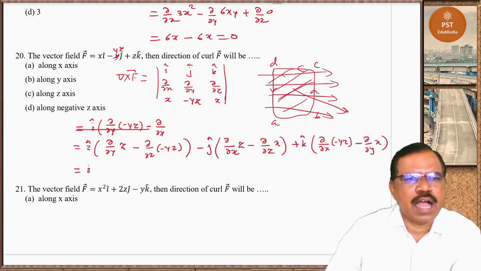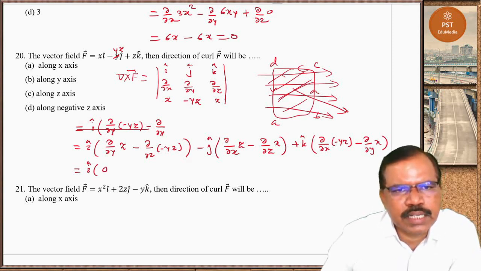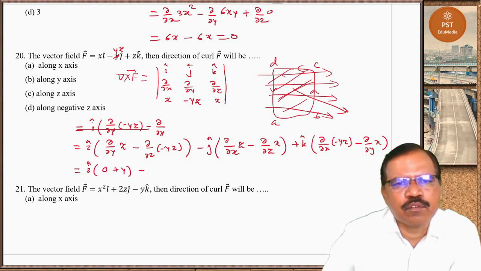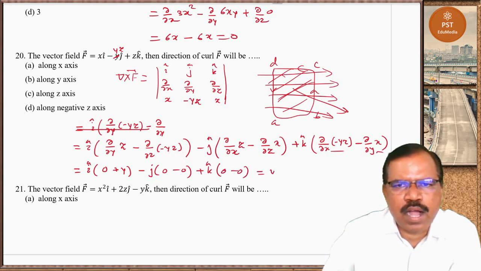Now here in i bracket, first derivative is 0, second one is what? Plus y. Minus j, 0 minus 0, plus k, 0 minus 0. So you will get y i. This is del cross F.